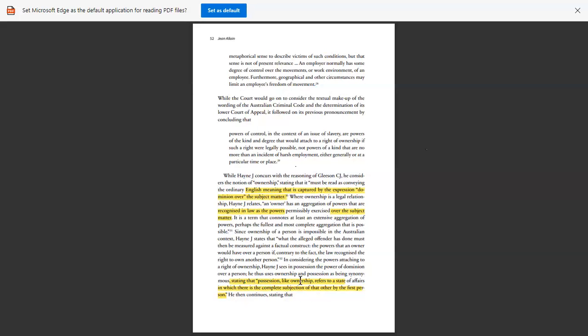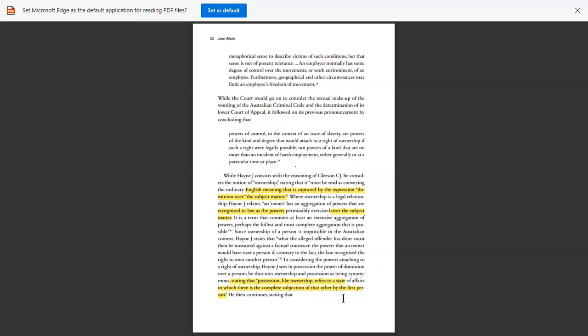So possession, like ownership, refers to a state in which there is complete subjection of the other by the first person. And again, person in a legal definition, not our common vernacular where you think that you and I are a person when we're talking in basic language, but person actually is a term of law.